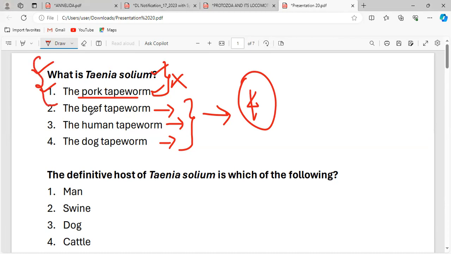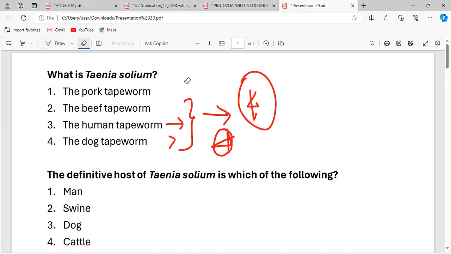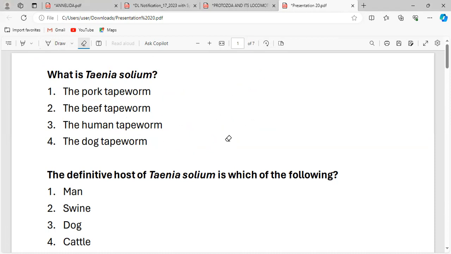But your duty is to analyze the second, third, and fourth options. Now you are ready with four different questions. This is how solving questions is important. Just answering that particular question is not sufficient. That is not a correct preparation method. Clear? So the answer for this particular question is pork tapeworm.